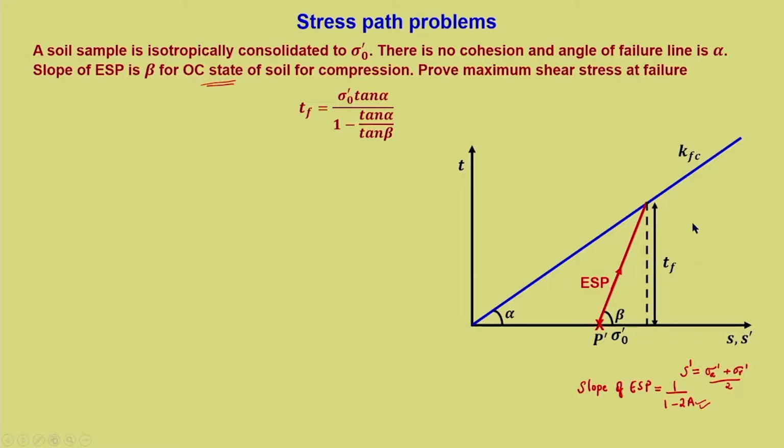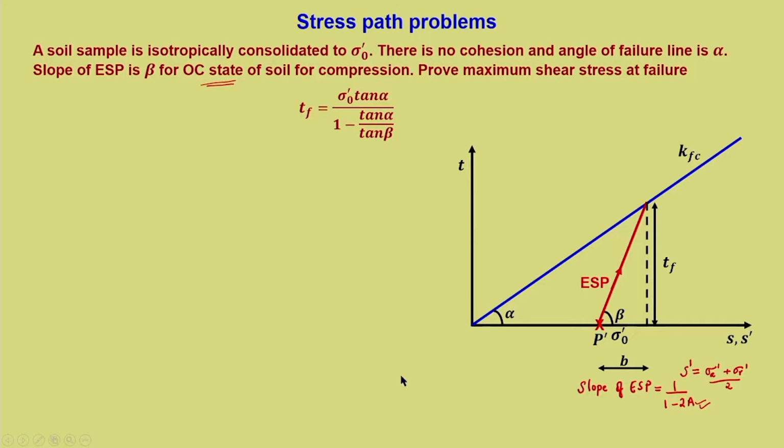Once we get the geometry, it is very easy to solve. What is important is to determine the slope, with the basic knowledge that failure is always brought about by the effective stress path. These bare minimal conditions we should keep in mind, and that will help to solve the problem. Now the problem is only geometry.